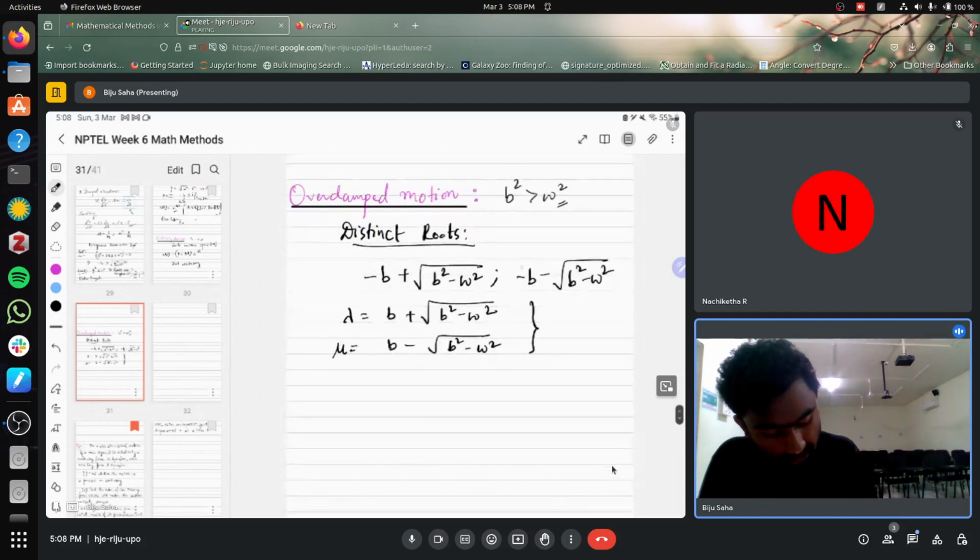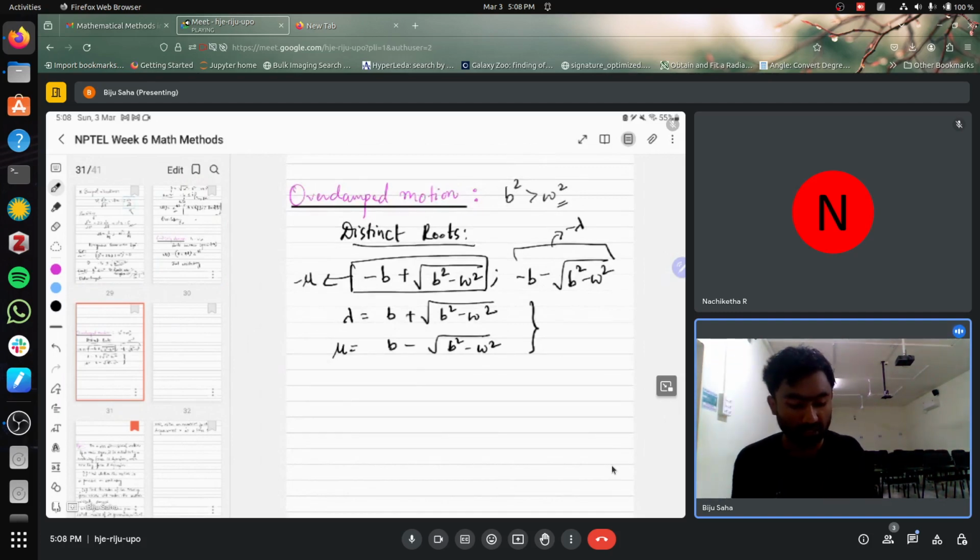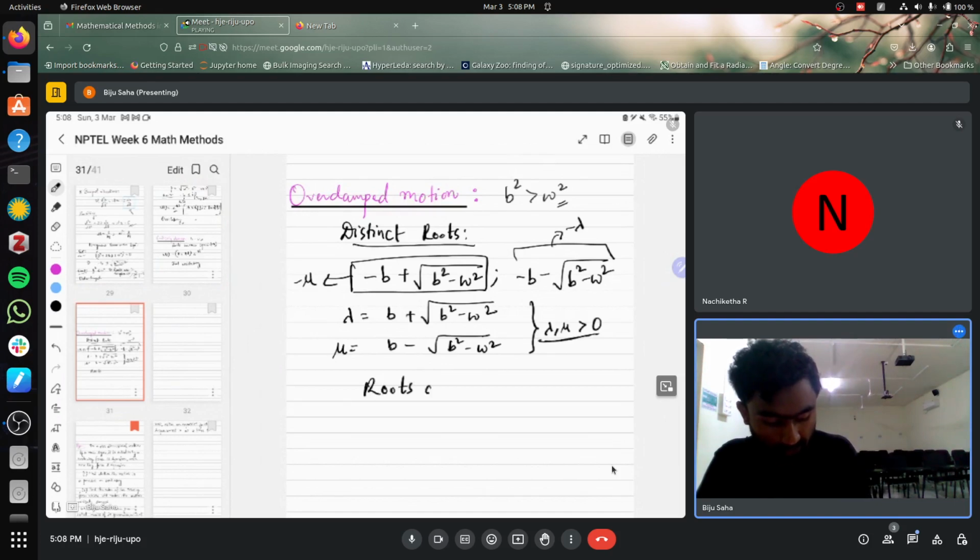That would say this particular thing is your minus lambda, and this particular thing is your minus mu. I have defined this because lambda and mu are always greater than 0. You see both of them are greater than 0. So the roots are always negative. Definitely the roots are real, but they are also negative.